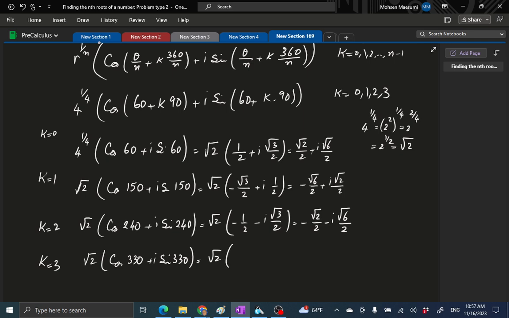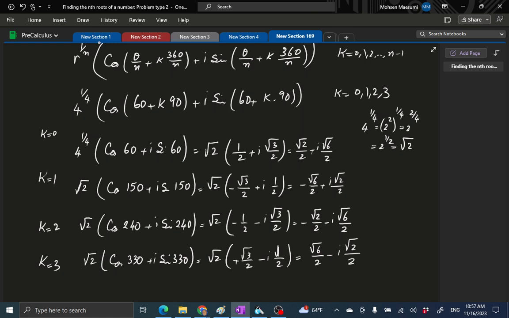So radical 2 times, this is minus 30 degrees, so it has to be plus radical 3 over 2, sine of minus 30 degrees, minus I times 1/2. I get radical 6 over 2 minus I radical 2 over 2, which again nicely is just the negative of that number. So with even exponents, our numbers come in pairs, one positive, one negative, etc.